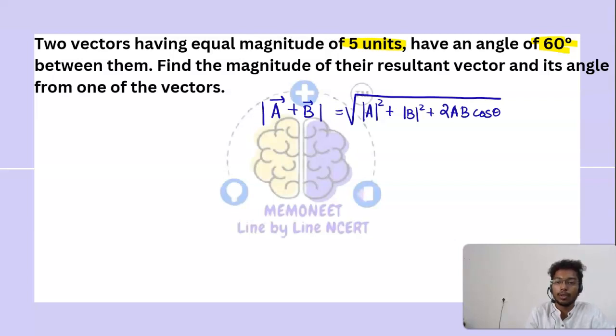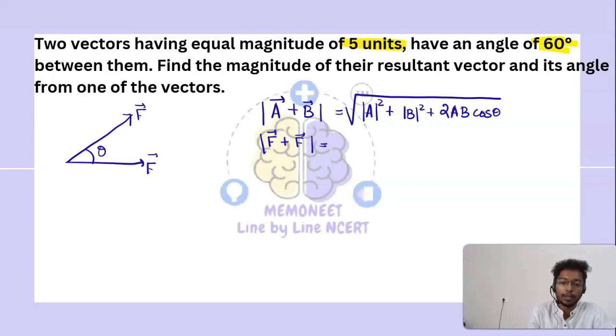In this case we have two equal vectors. Let's say this is f vector and this is also f vector, and the angle between them is theta. If we want to find the sum, the magnitude of f vector plus f vector is the square root of f magnitude square plus f magnitude square plus 2 f magnitude into f magnitude cos theta.